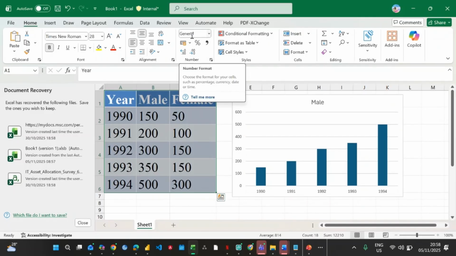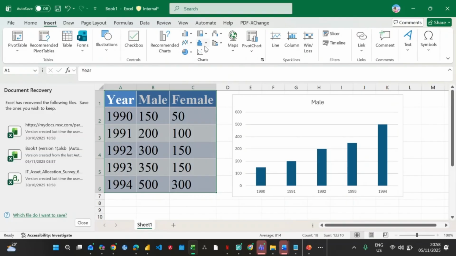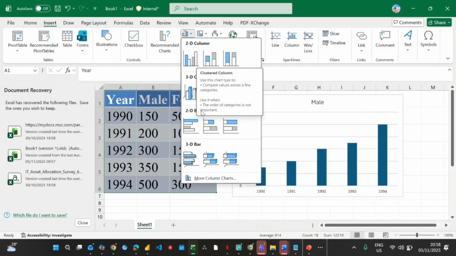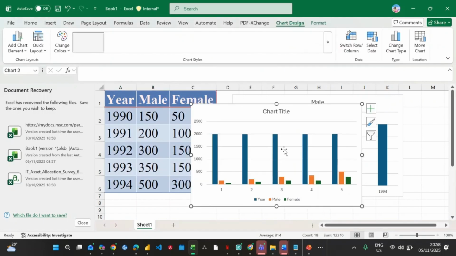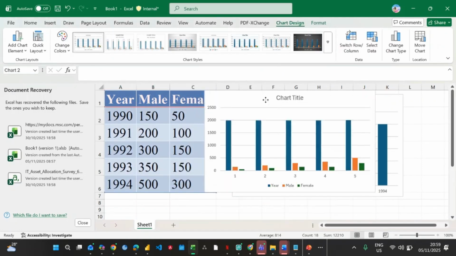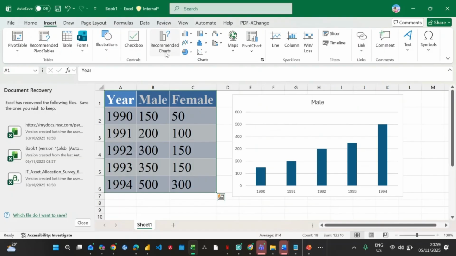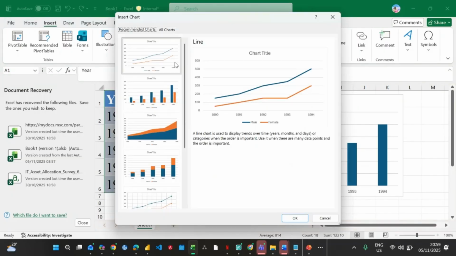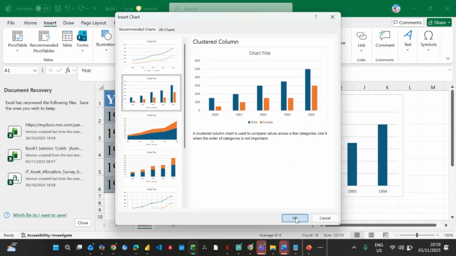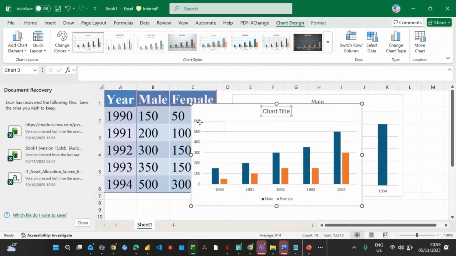But when I select the entire data, both year, male and female, it's going to give me a stack bar because it's trying to differentiate. This is not what I expected, so I'll go to this, and it will recommend this.